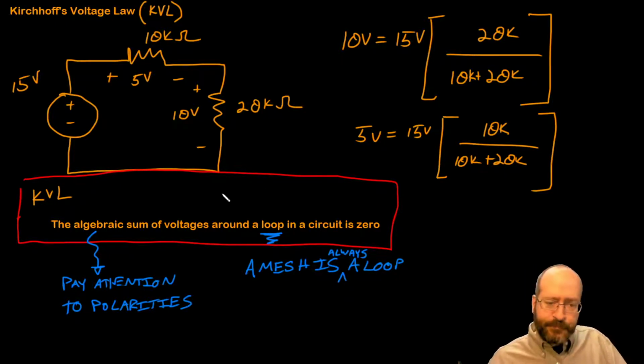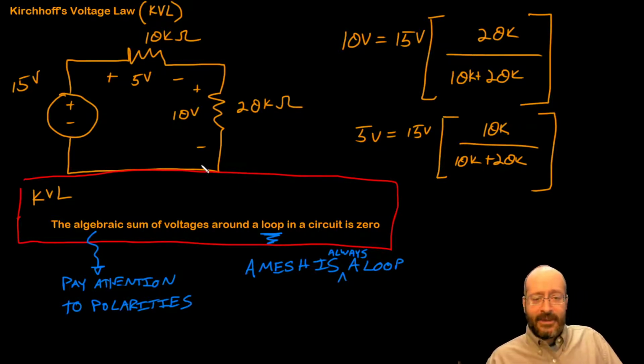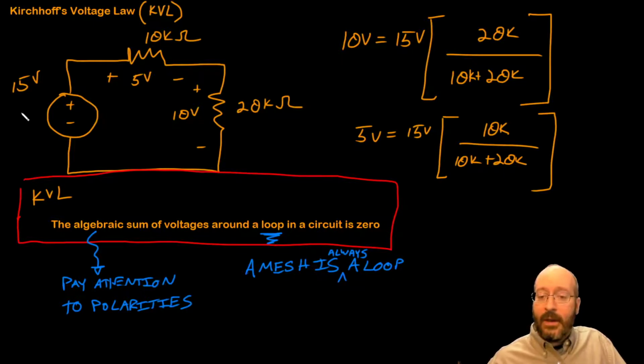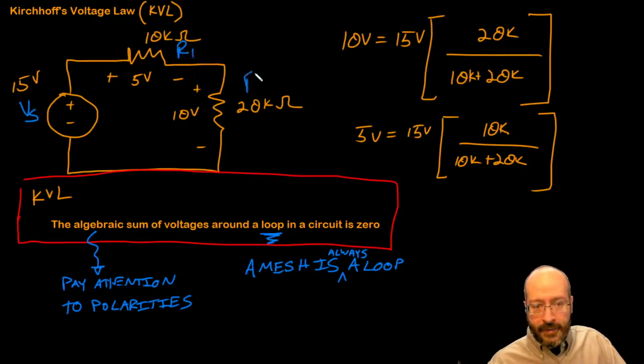Okay, so we have a loop. Hey, look at this loop. It's also a mesh. Okay, in this circuit that we figured out a few videos ago. And what we would like to do, let's name some of these, VS, R1, and R2. What we would like to do is write the KVL equation for this loop. And there's only one loop.